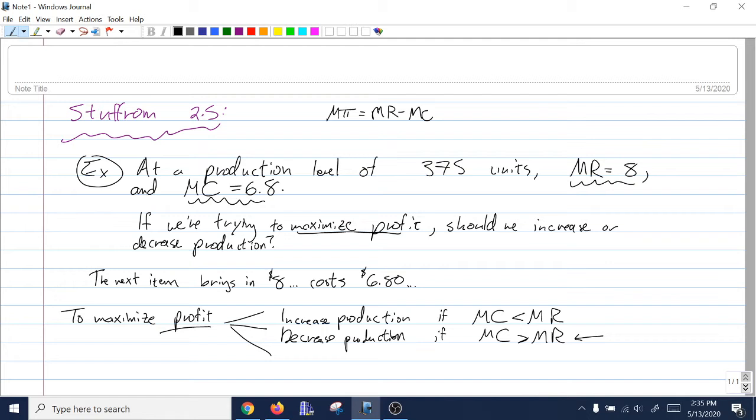And if marginal cost equals marginal revenue, so this is the baby bear situation where something is just right, then it is maybe maximized.